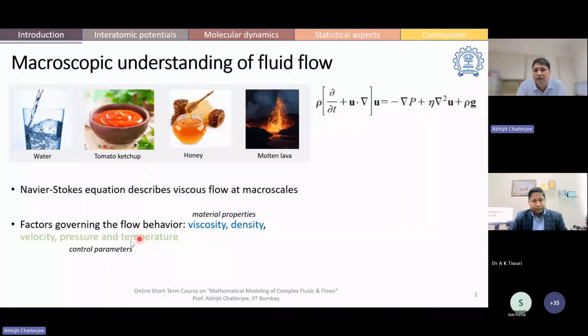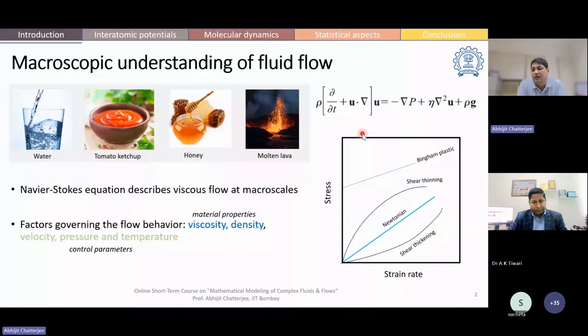Knowing these control parameters decides the material viscosity and density, which is eventually used in the Navier-Stokes equation to solve for the fluid flow. If we look at the material property itself, here we're looking at the viscosity, which is typically understood in terms of a stress versus strain rate plot.